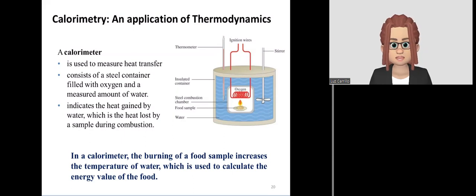If we're trying to investigate calorimetry, we have an instrument known as a calorimeter. This calorimeter is used to measure heat transfer within a system. In this example, we're specifically going to look at combustion.